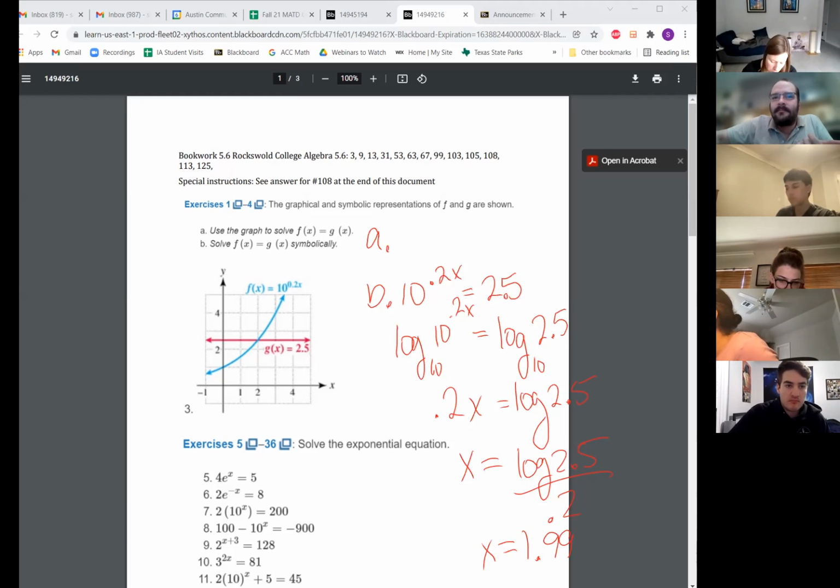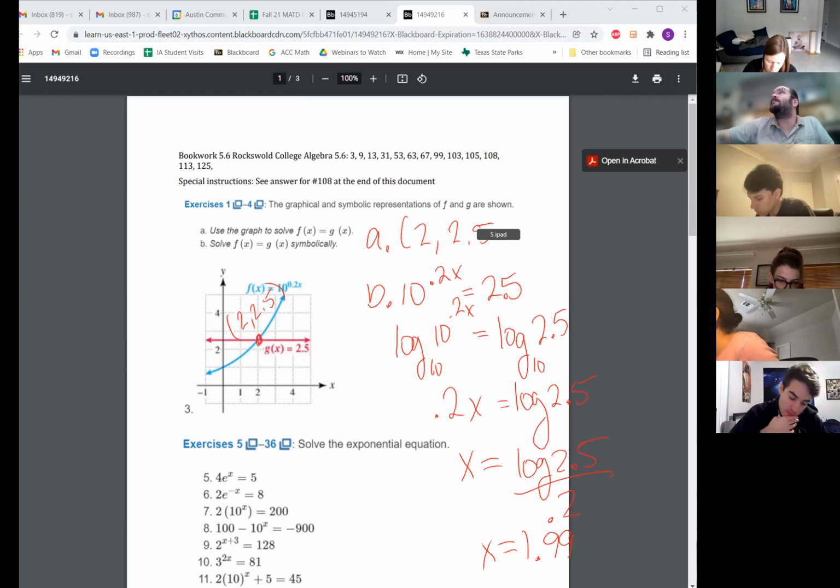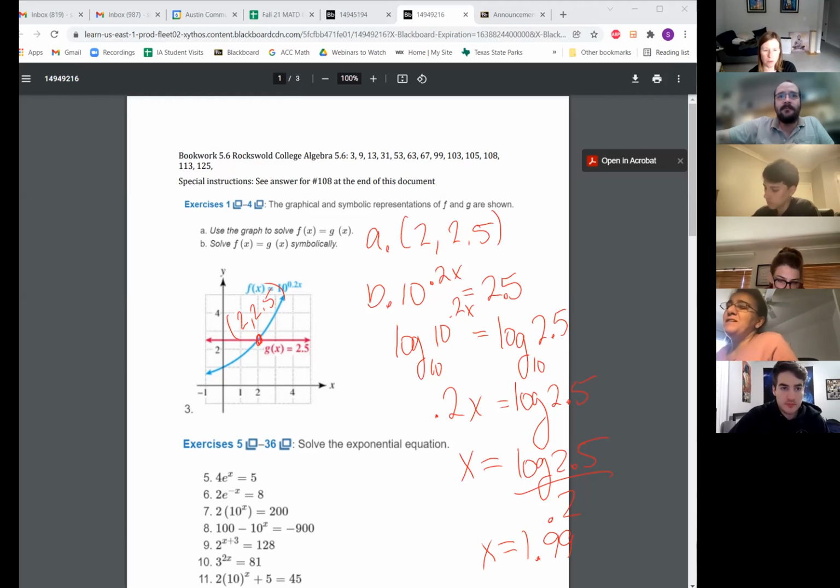When are they equal to each other? They're equal to each other right here, which is 2, 2.5. That's when they're equal to each other, right? You mean the y's? Oh, I'm sorry. No, that's right. 2, 2.5. That's when the two functions are equal. You want to say f of x equals g of x at the point 2.5 on the graph, and they intersect at a point.